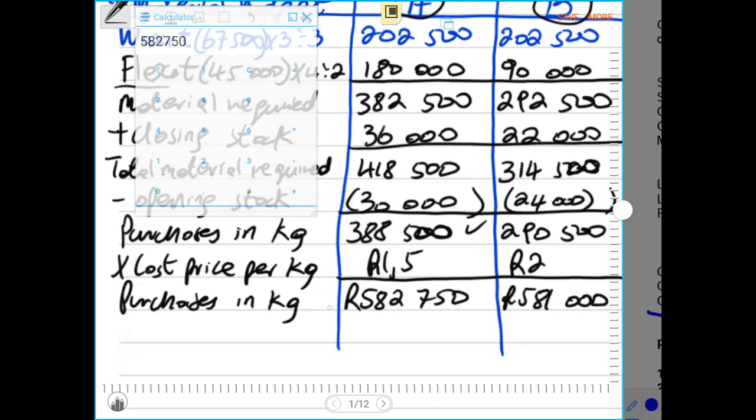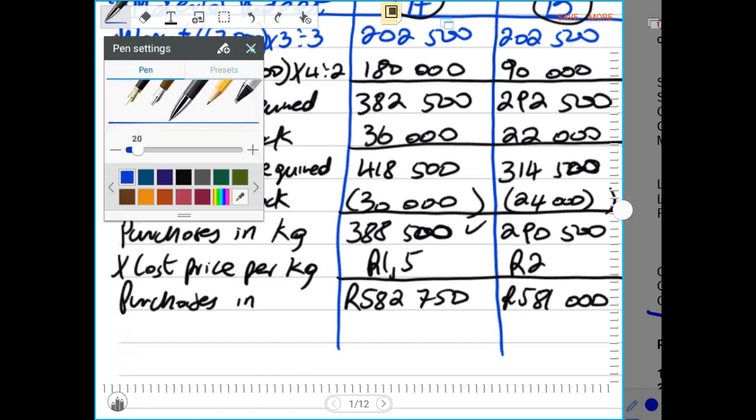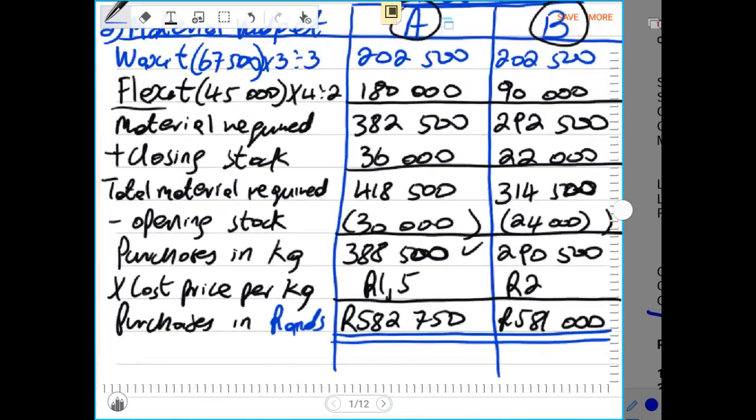Sorry, these are the purchases in rands, not in kgs. These are the rands of material that we need to budget for in terms of our purchases.